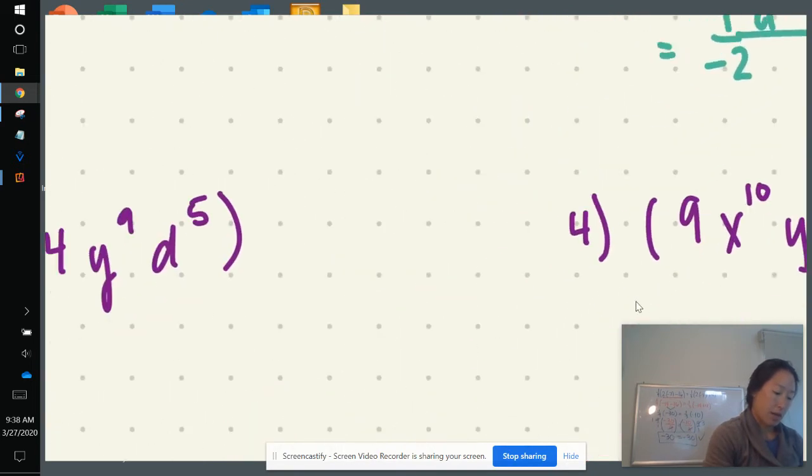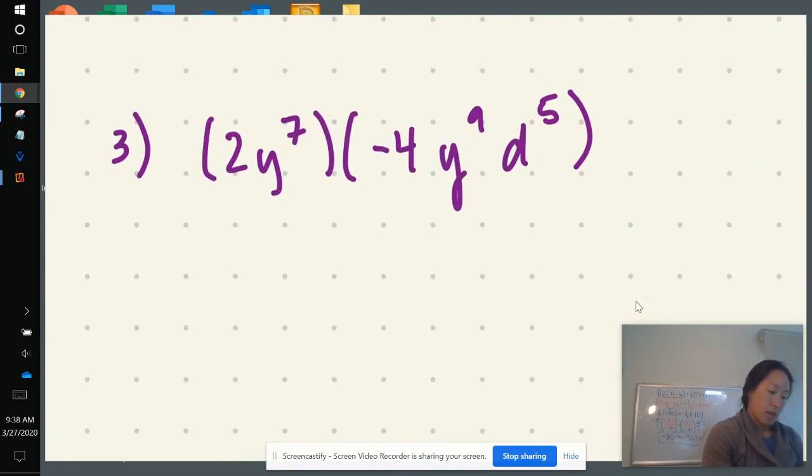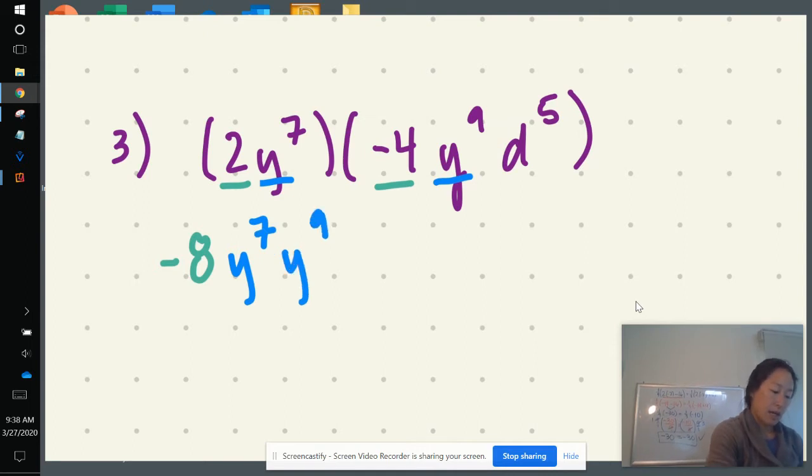All right, number 3. So I'm going to start by multiplying 2 times 4, which gives me negative 8. And then I'm going to combine my y's. So y to the 7th times y to the 9th, and then d to the 5th.